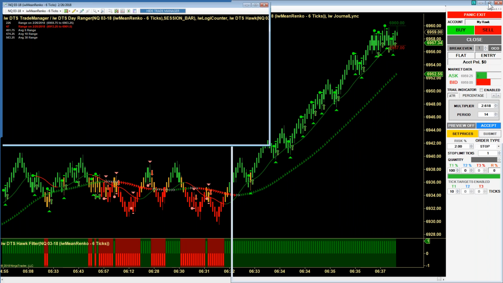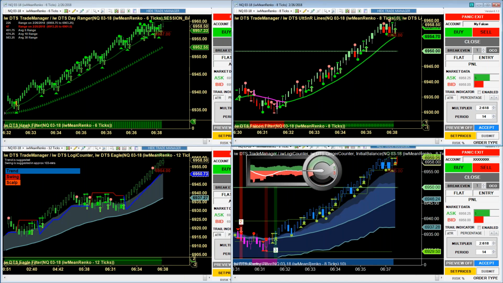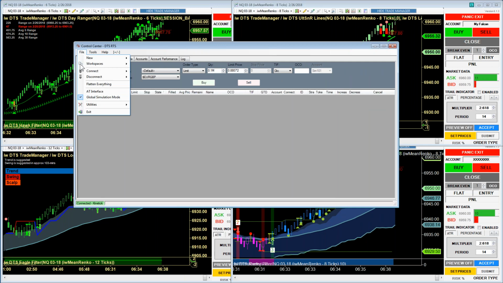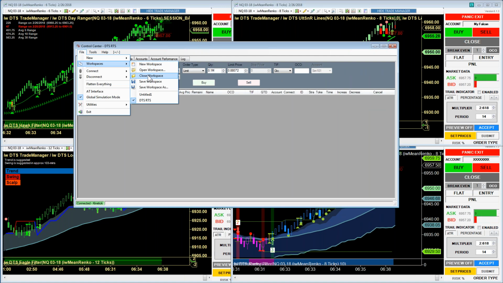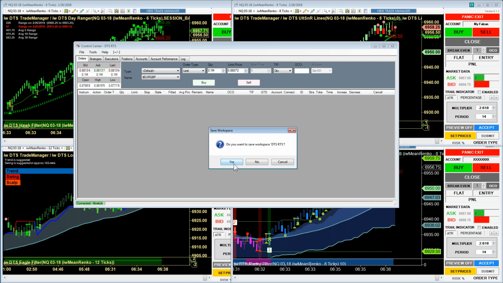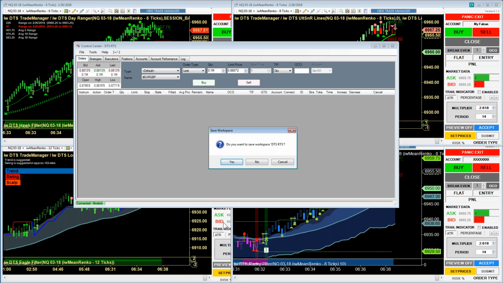Here's a little hint. When you go to close your NinjaTrader, and you go close workspace, it always prompts you if you want to save it. And of course, they highlight the yes, like that's the proper thing to do.